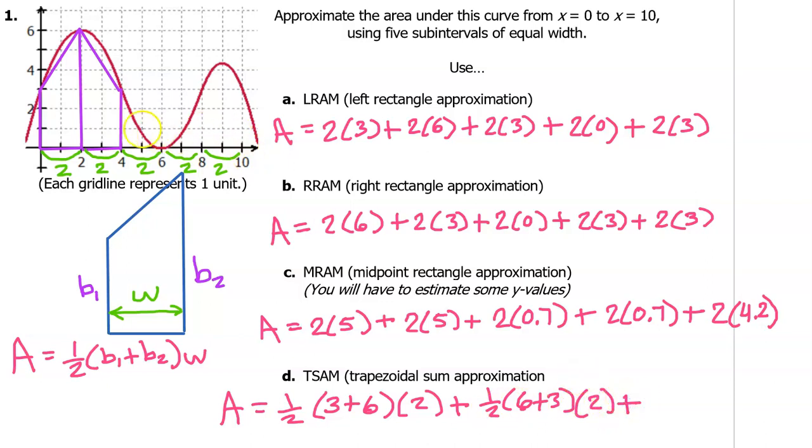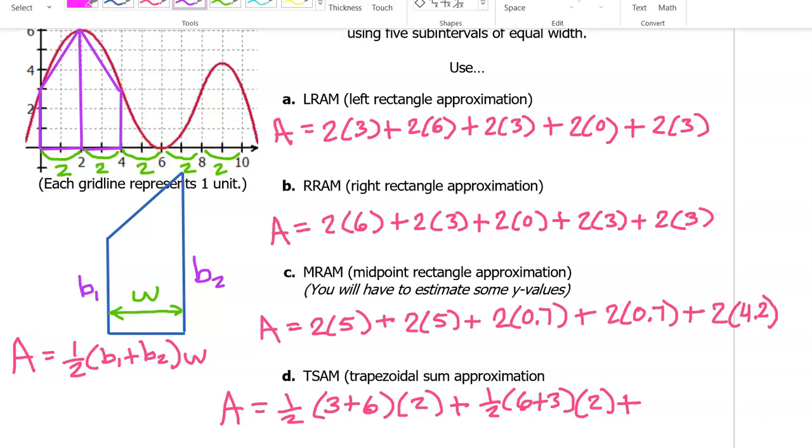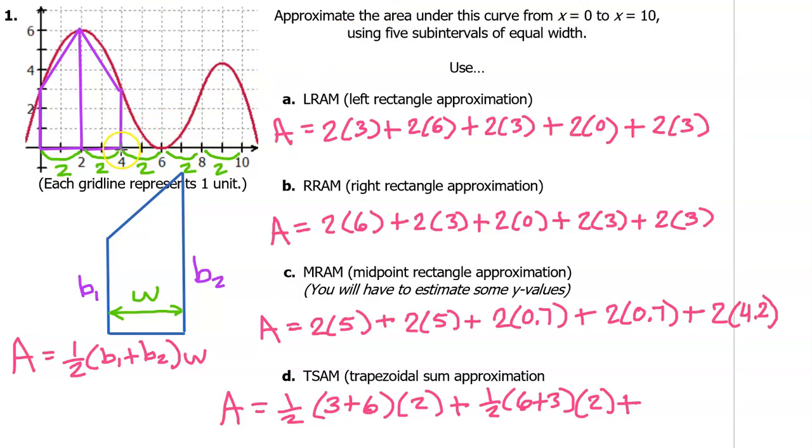Our third trapezoid will be a degenerate non-trapezoid. And you'll see what I mean. Because on the right-hand side of this interval, the function is at 0. So there is no vertical line that I can actually draw.